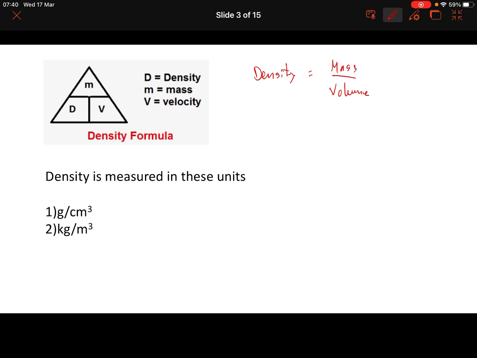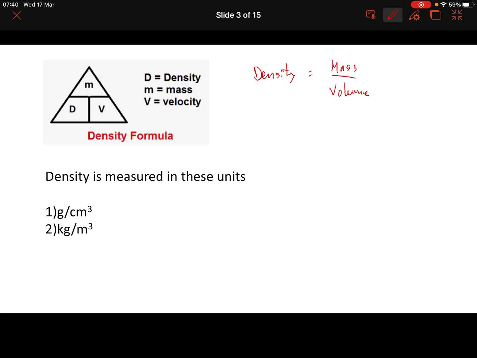So we're basically saying how heavy something is compared to the volume that it takes up. If something is really, really light but takes up a large space, it will have a very low density. Whereas if something is very, very heavy in a small space, it will have a very large density.